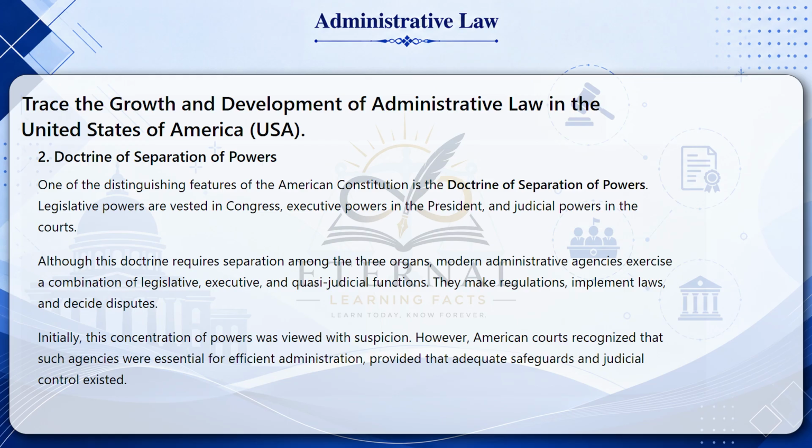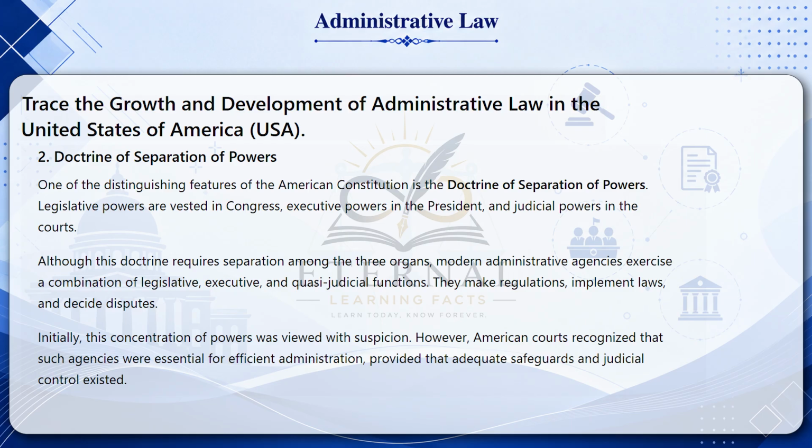Doctrine of separation of power. One of the distinguishing features of the American Constitution is the doctrine of separation of powers. Legislative powers are vested in Congress, executive powers in the President, and judicial powers in the courts. Although this doctrine requires separation among the three organs, modern administrative agencies exercise a combination of legislative, executive, and quasi-judicial functions.